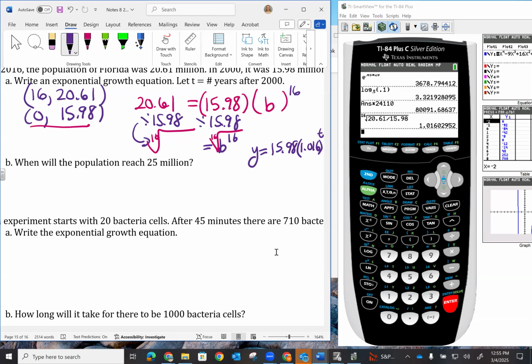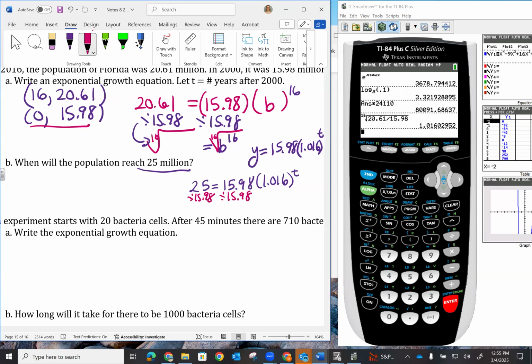And then the next one says, when will you get to 25 million? Well, we can put 25 here. And we can solve that equation to find out how long until, if you begin with that and you end with 25. So I would say divide by 15.98.